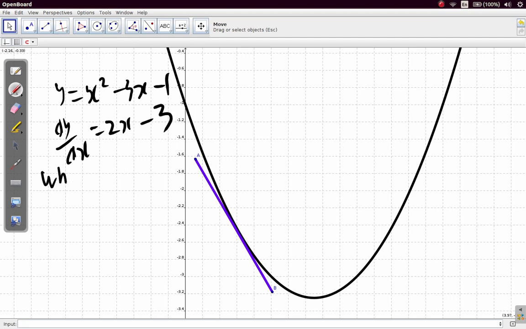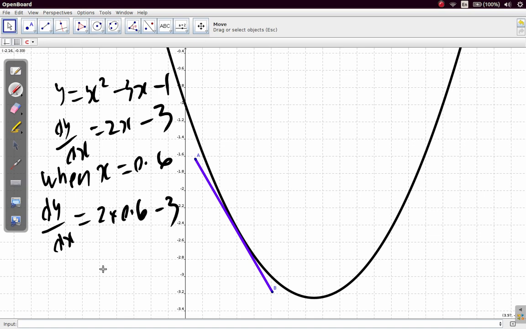And when x is equal to 0.6, then dy by dx is equal to 2 times 0.6 minus 3, which is 1.2 minus 3. So we have 1.2 minus 3 in this case.